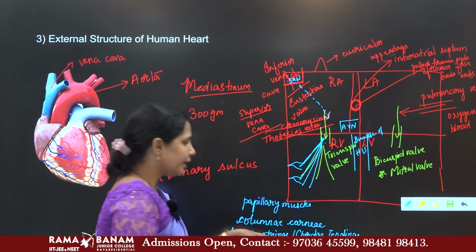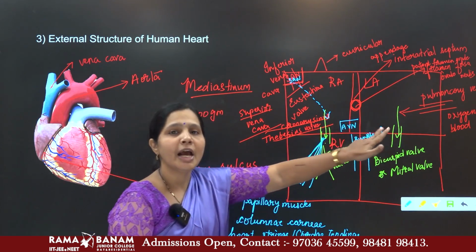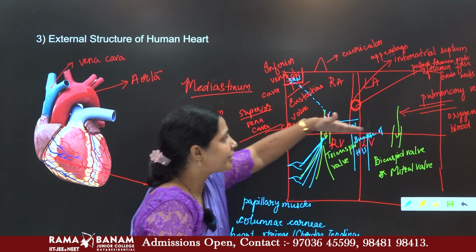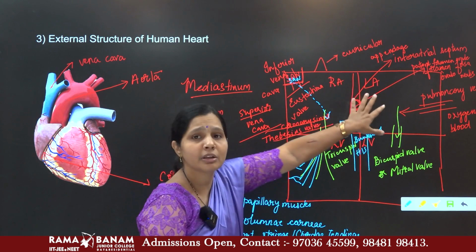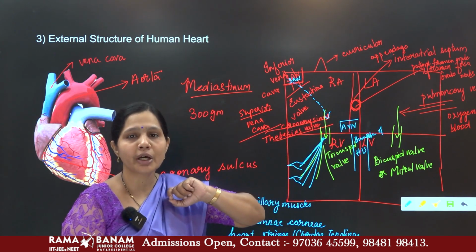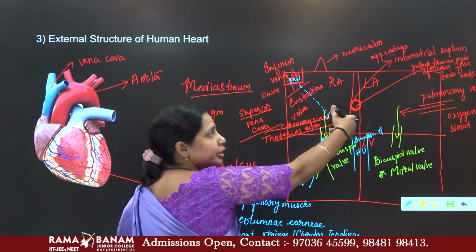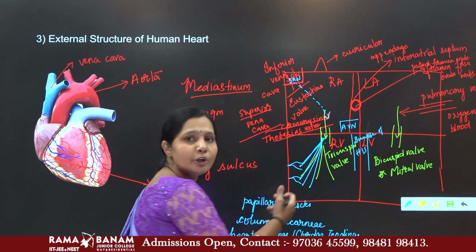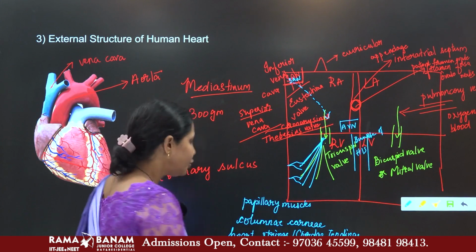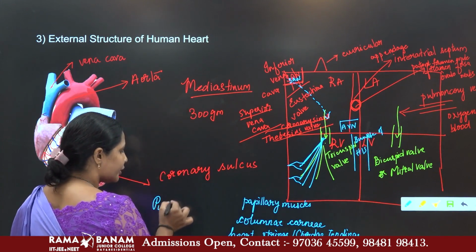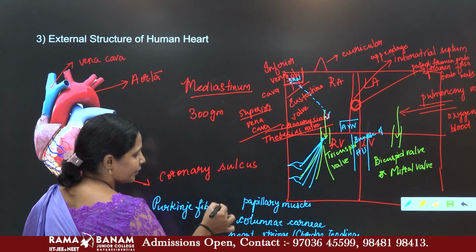So these chordae tendineae, or heart strings, hold the valves in position and prevent the tricuspid or bicuspid valves from opening into the atria during the ventricular contraction. And whatever action potential is generated from SAN to AVN is passed to the bundle of His and is spread to the entire ventricular musculature through fibers known as Purkinje fibers, right?